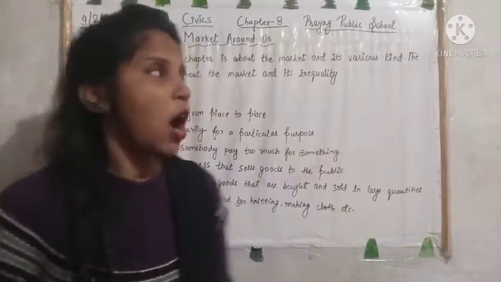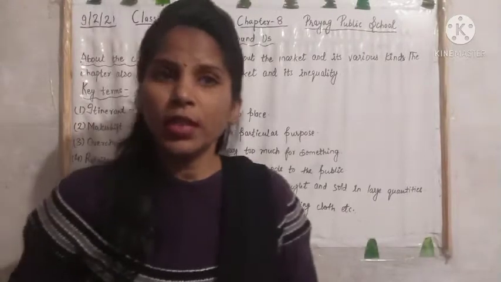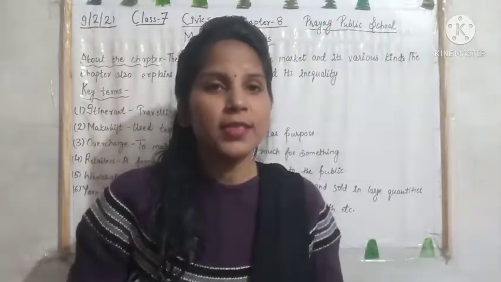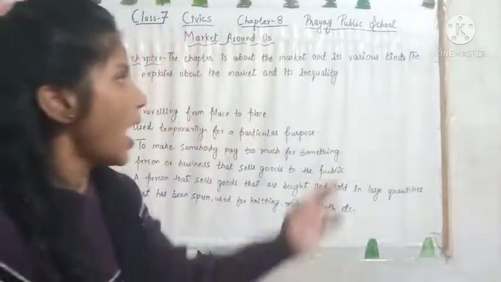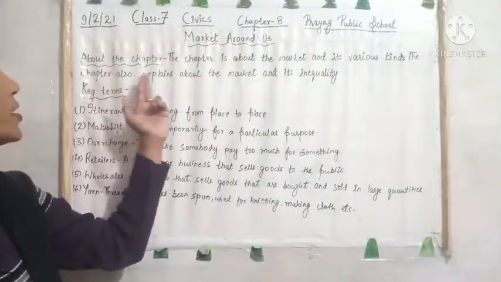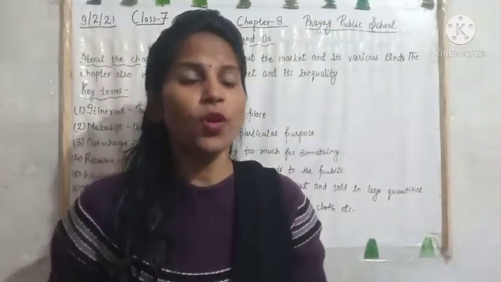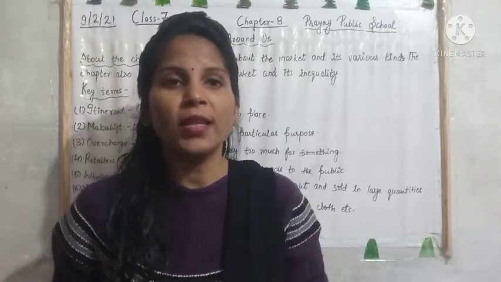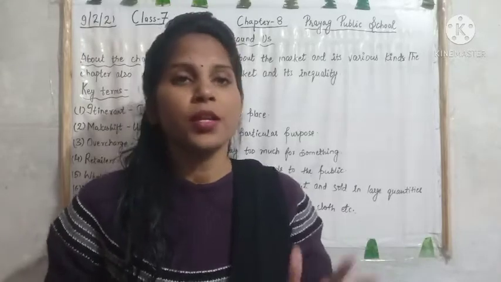We have studied what a market is, the weekly market, the shopping mall, complex, then the roadside market, etc. The chapter also explains about market inequality and the types of inequality that exist in the market.